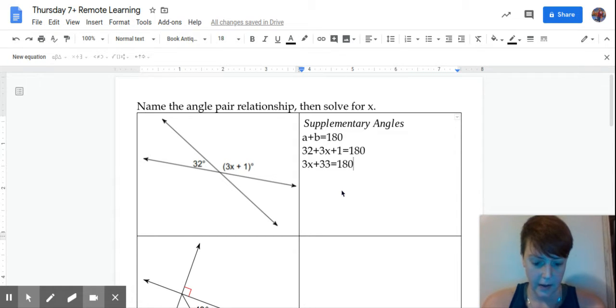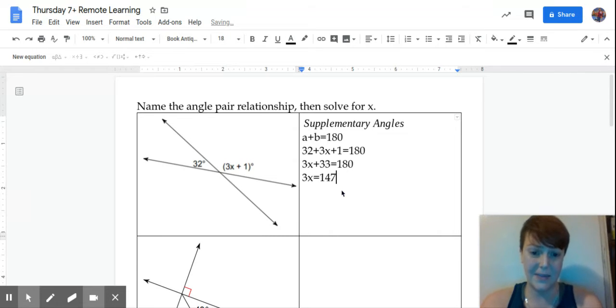So we're going to subtract 33 from both sides. And so that means that 3x is equal to 147. I didn't write my sub-step in there, the whole minus 33 from both sides, but I said it, and so you should be able to follow along.